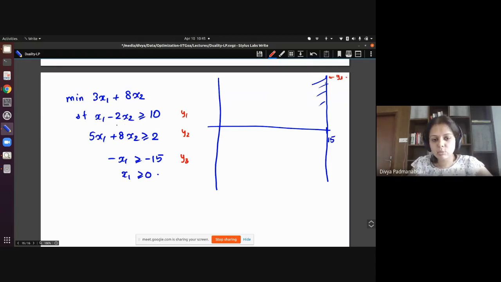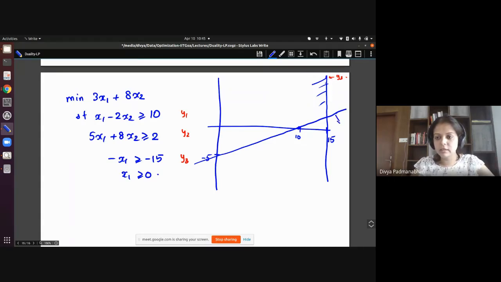Okay, and x1 minus 2x2 greater than or equal to 10. So there we had something like this. So this is 10 and minus 5 here, right? So something like this. This was the first constraint, and we were interested in which side? This side. So 0, 0 is not part of it.